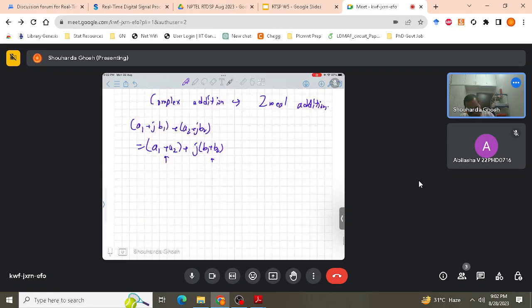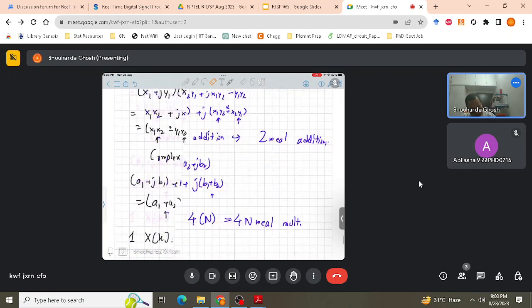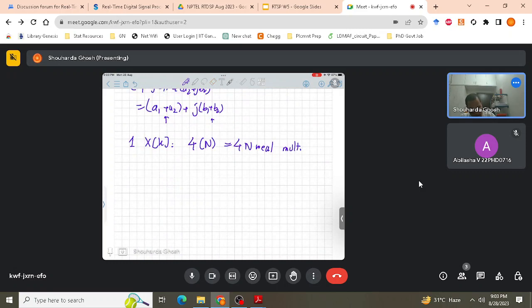So in calculating 1 x of k, we have 4n real multiplications and 2n plus 2n minus 1 real additions. The first is coming from the complex multiplications, and the second is coming from the complex additions.